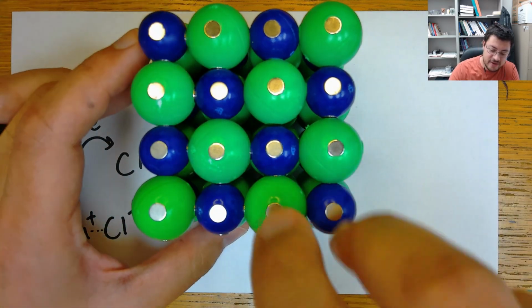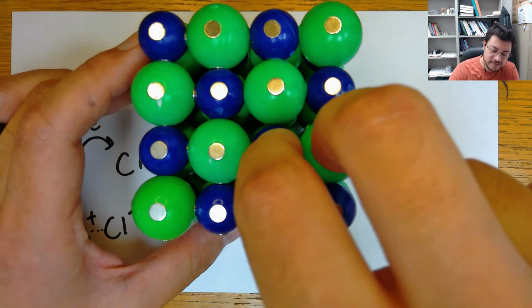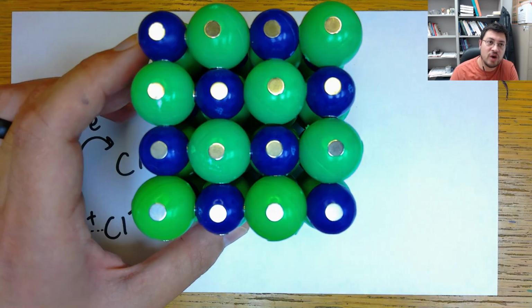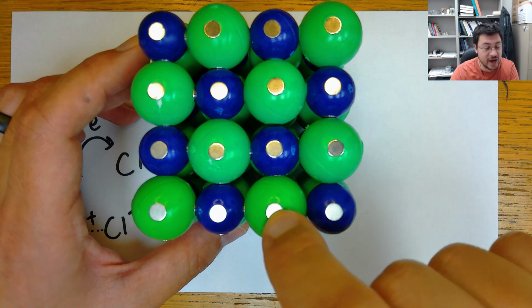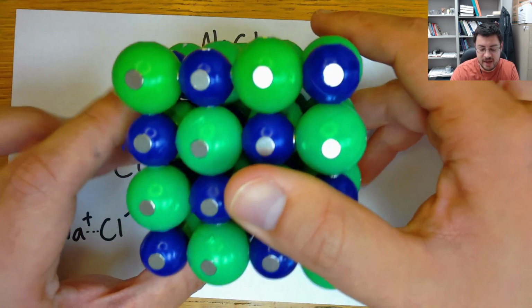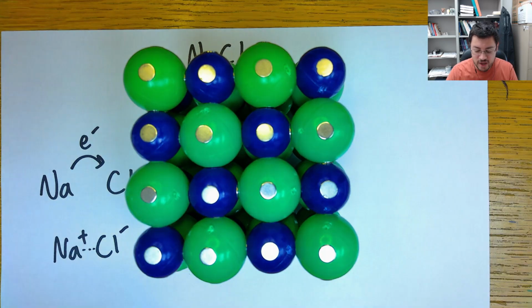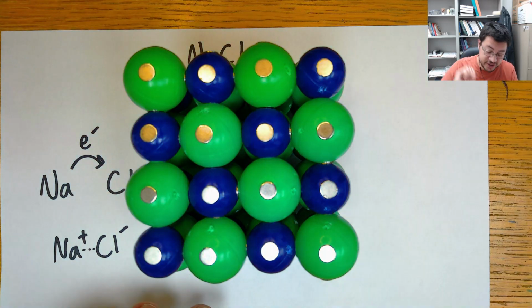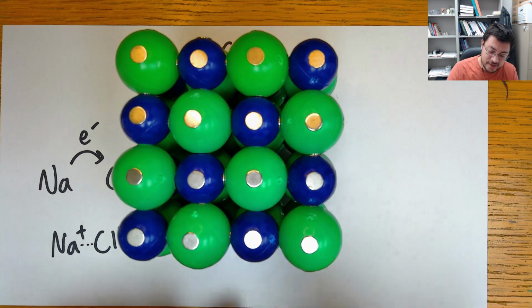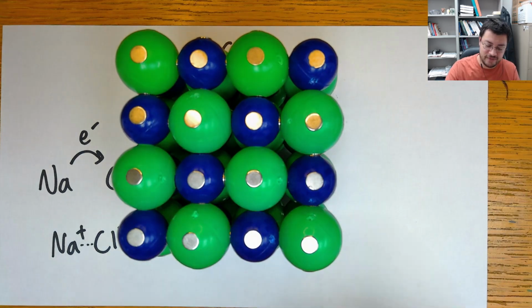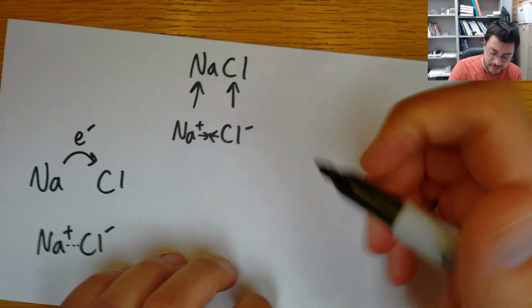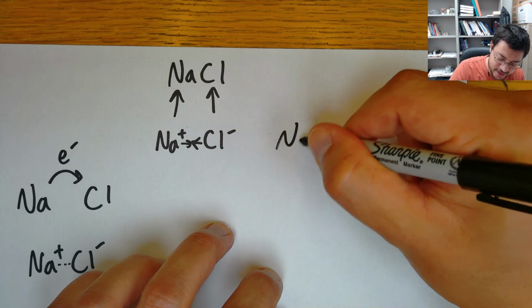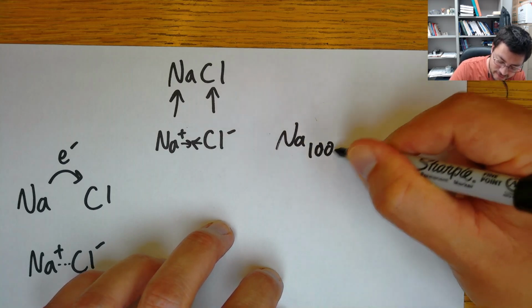You can see my individual formula units in that perfect 1-to-1 ratio between sodium, the blue ones, and chloride, the green ones. But if you had one single crystal of sodium chloride for your table salt shaking on your French fries, you wouldn't call this entire thing a molecule. If I were to take like a single crystal, even like a really dinky one on my French fries, it'd be like sodium 1 million.